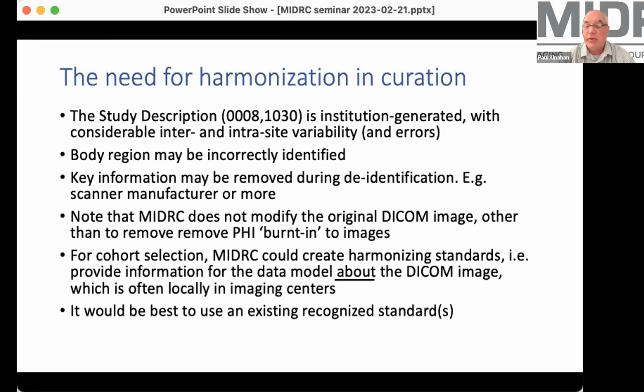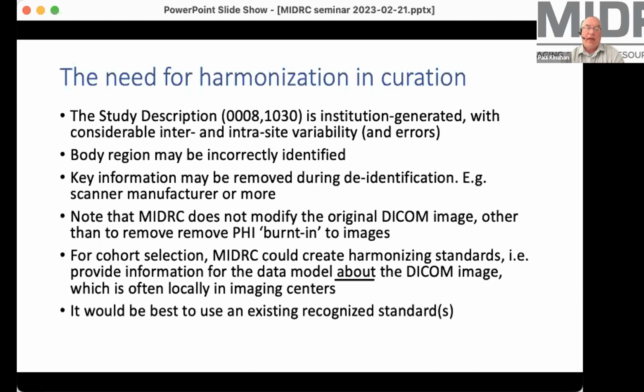For example, the body region may be incorrectly identified. As those of you that have worked in imaging centers know, the technologists at the time of acquisition are trying to capture the relevant information for the clinical purposes, which clinically may work quite well locally, but it doesn't make it easy to pull the information together across multiple sites in a harmonized fashion.